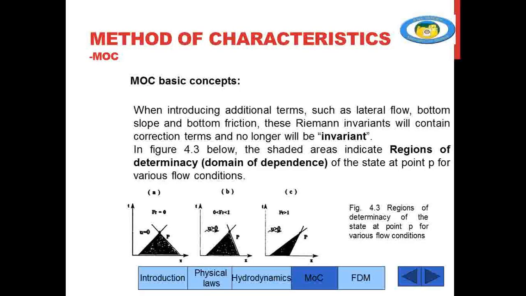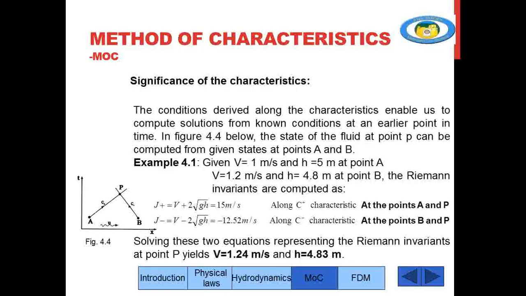Now, from known conditions at a given point in time, you should be able to determine the flow properties at their points of intersection from given states at points A and B. For example, here in figure 4.4, as you can see, there is the characteristic line that propagates from point A to point P along the direction of C plus, and there is the characteristic direction that propagates from point B to point P along C minus.